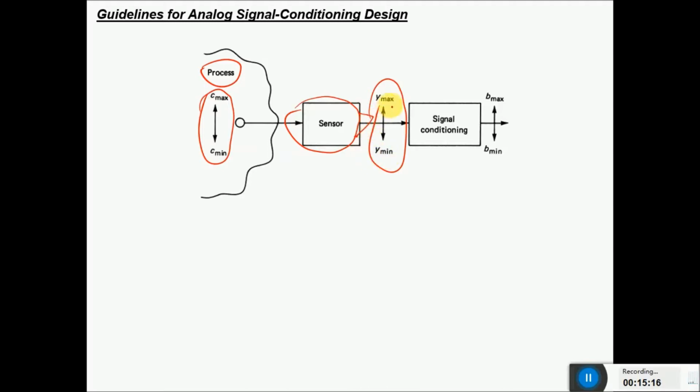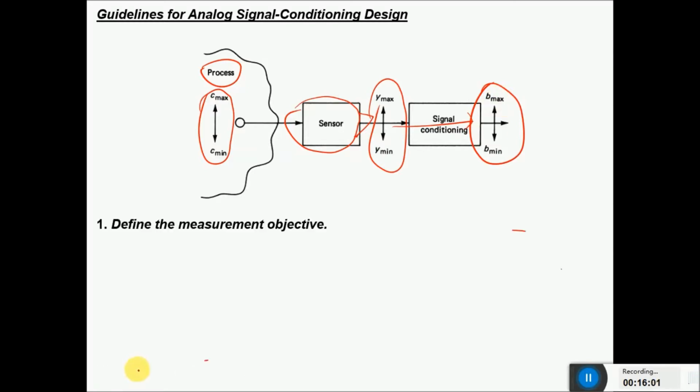And then we pass these Ymin and Ymax through our signal conditioning circuit. We give some gain, we subtract or add some offset to that, we filter it, we do some processing or conditioning on these variables. We convert these variables from one form to another form, resistance to voltage, and so on, and then we finally get our desired output, that is Bmin to Bmax.